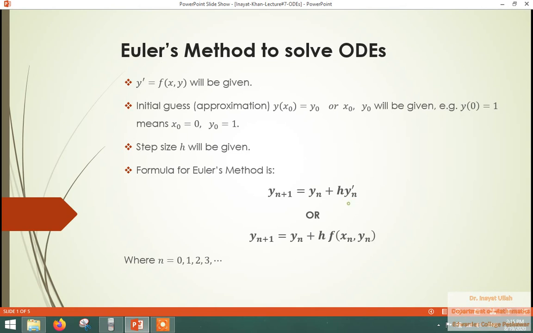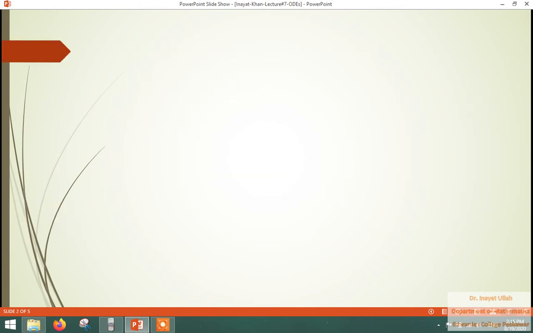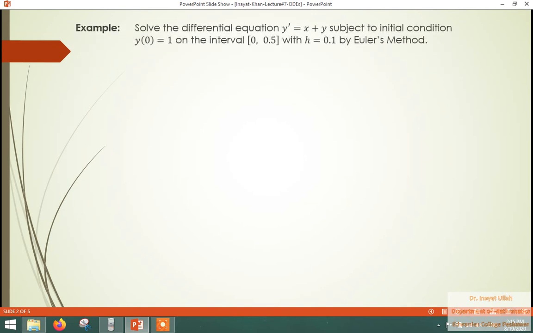So let us start an example to understand the idea of Euler's technique. Solve the differential equation y prime is equal to x plus y subject to the initial condition y0 is equal to 1 on the interval 0 comma 0.5. The interval is given to you, and the step size h is equal to 0.1 is also given.